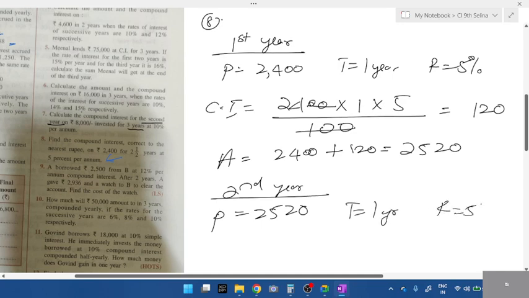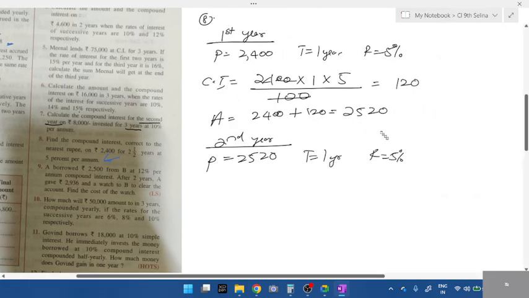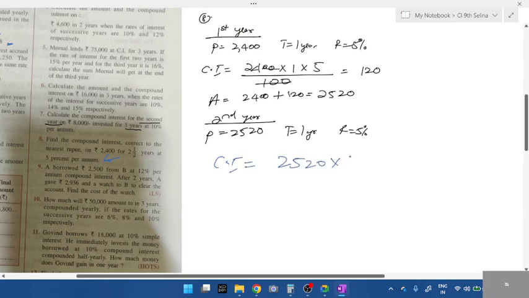Time is equals to 1 year. R is equals to same. Rate is not changed. Compound interest is equals to 2520 into 1 into 5. 0 and 0 get cancelled. 5 ones are, how come 120?